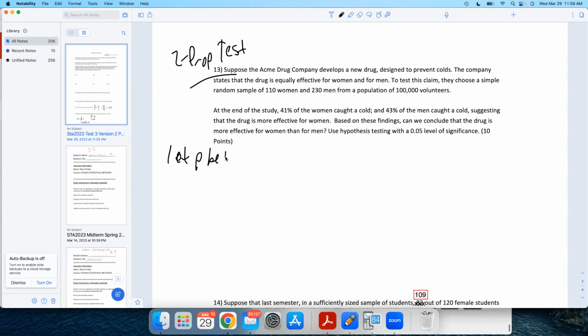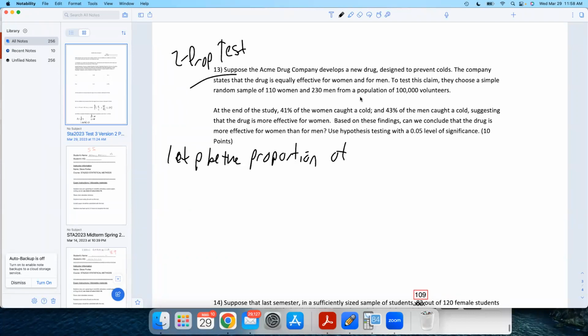Let P be the proportion. Maybe I should be typing this part, probably go quicker. Proportion of. Who's my population? Who am I studying here? People that are taking this drug. What's success?